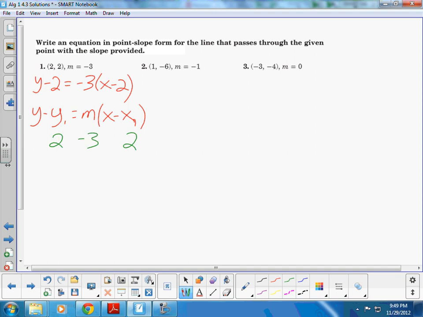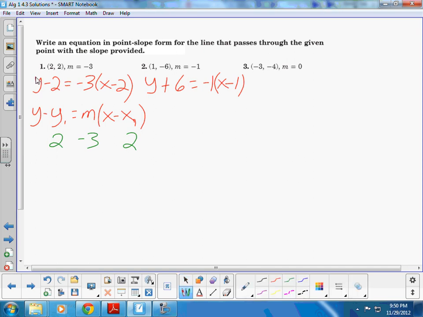Number 2, the answer is y plus 6 is equal to a negative 1 times x minus 1. How do we get that?